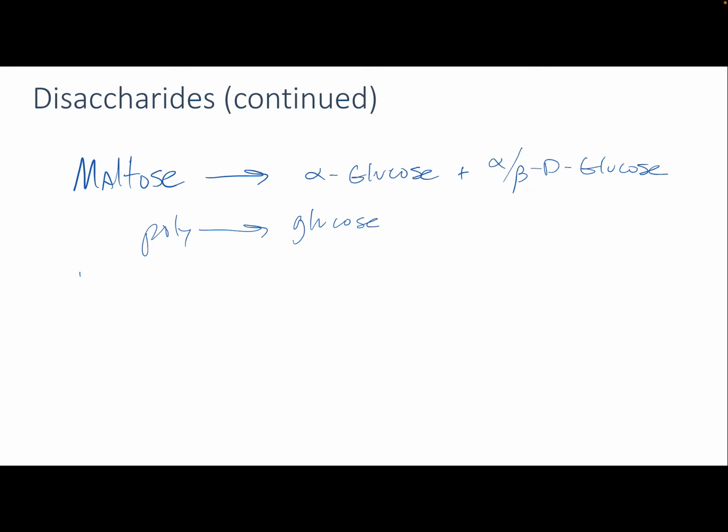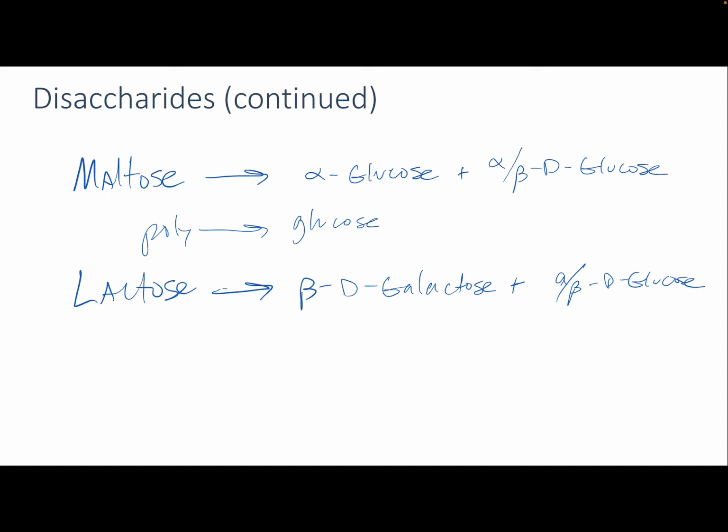Then we get to lactose, which we've already looked at. Galactose is a beta D-galactose with an alpha or beta D-glucose. And then we have sucrose.